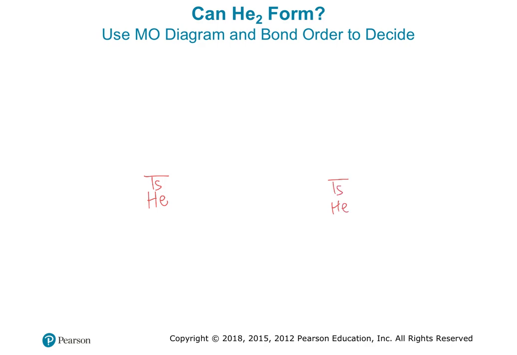Then we draw the energy diagram with the electrons in the 1s orbitals, the sigma antibonding up here and the sigma bonding orbital right there. We have 4 total electrons, so we fill them in starting with the lowest energy, 1, 2, and then 3, 4. So for this molecule, both the bonding and anti-bonding molecular orbitals are occupied.